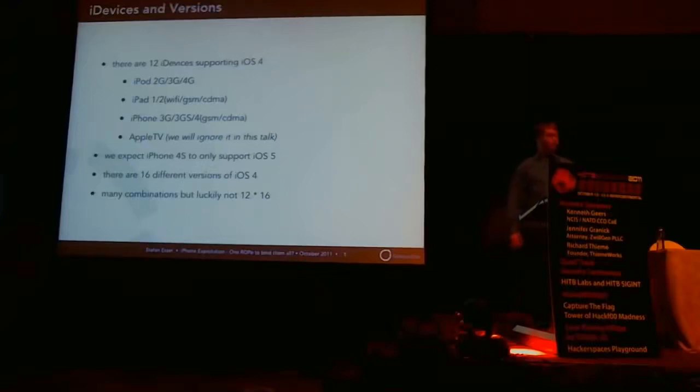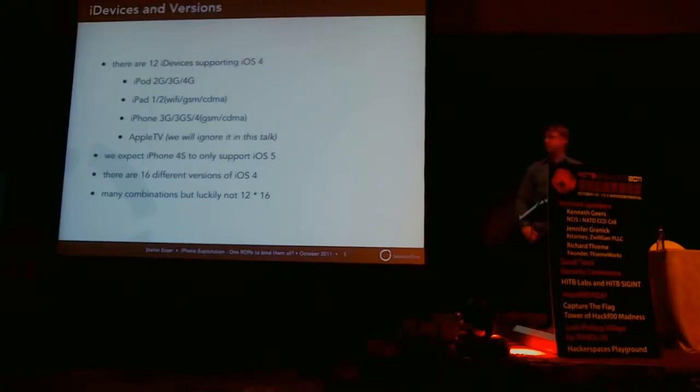And you have the iPhones 3G, 3GS, and 4, which is even available in GSM and CDMA. And of course you have the Apple TV, but I ignore it for this talk. The soon-to-be released iPhone 4S will most probably only support iOS 5, so we don't need to discuss it here. We have no information anyway.